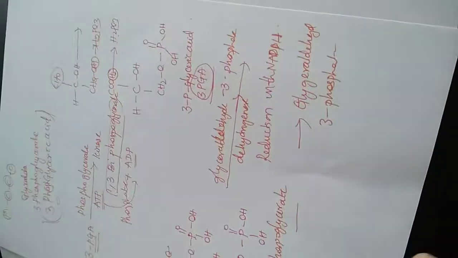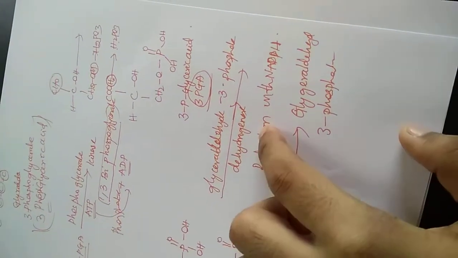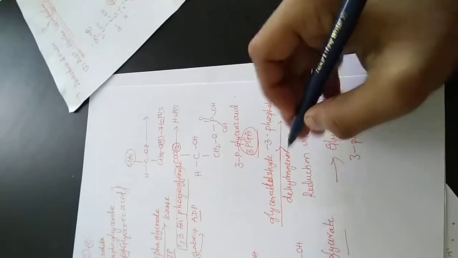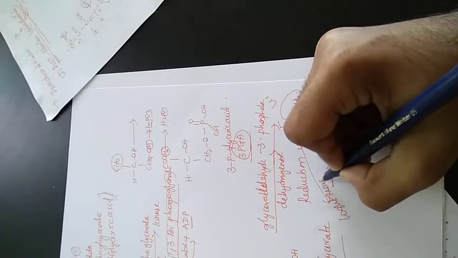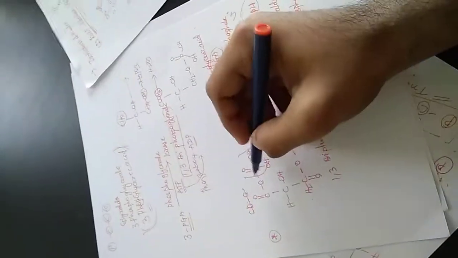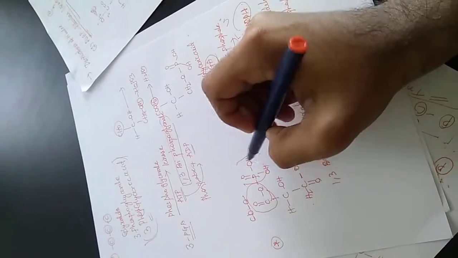After this, we took this 1,3-biphosphoglycerate and reacted it in the presence of glyceraldehyde 3-phosphate dehydrogenase. This is one of the enzymes which catalyzes the reduction with NADPH, which is formed in the light reaction. What we do is basically reduce this entire thing. This is a carboxylic acid group, right?